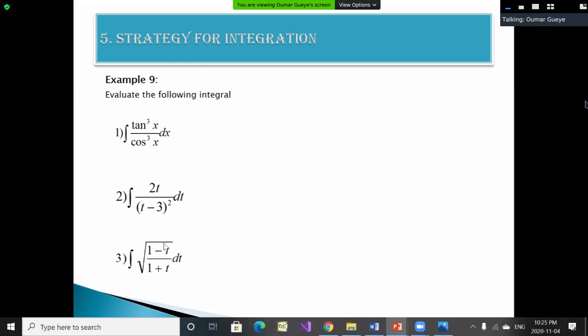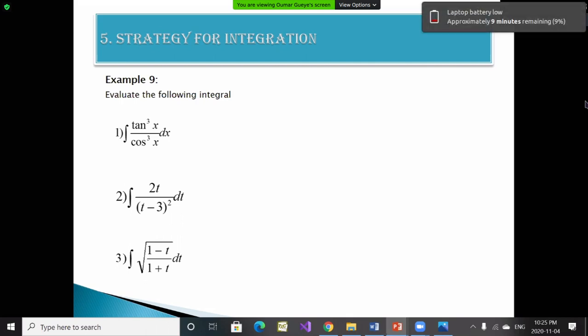This looks complicated because of the square root, and as I said, I'm going to repeat it again: don't square this function, because you cannot go inside and square it. If you do so, you're going to change your initial integral. I've seen in past semesters people squaring this, and after they get the solution, they take the square root of the solution. It's not the same thing. So be careful, okay?